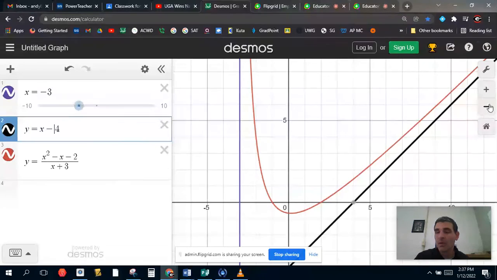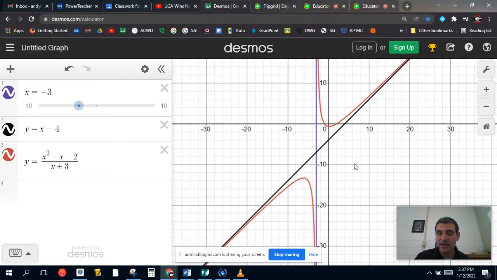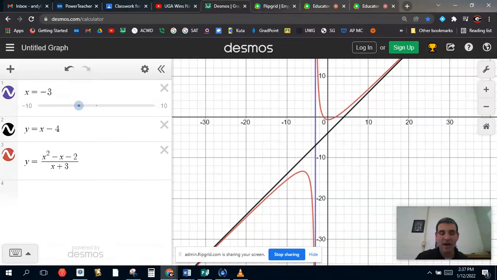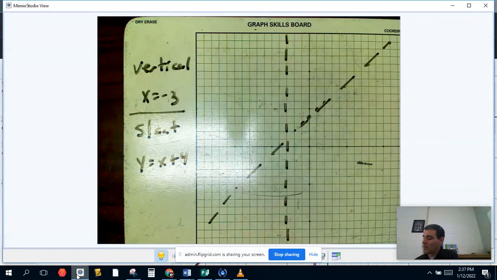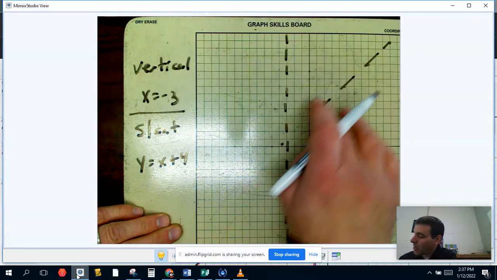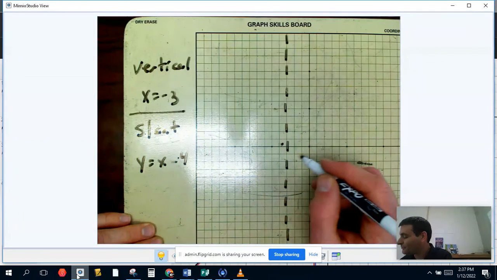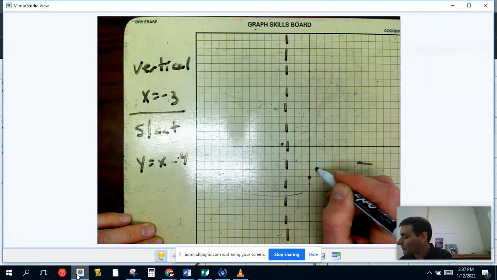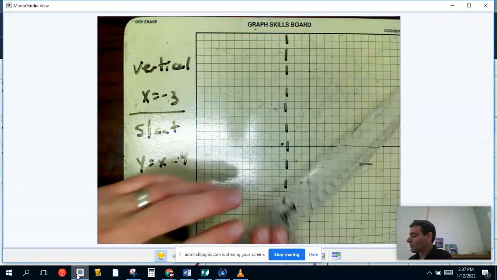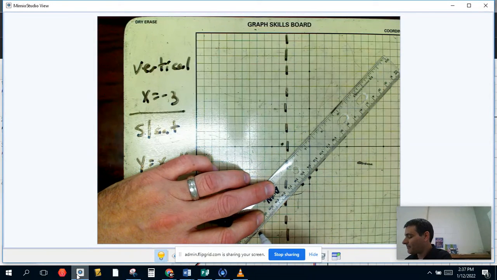All right, so now you see how good that looks. So going back to my graph, that's a -4. So I should have gone down here and graphed it like that.